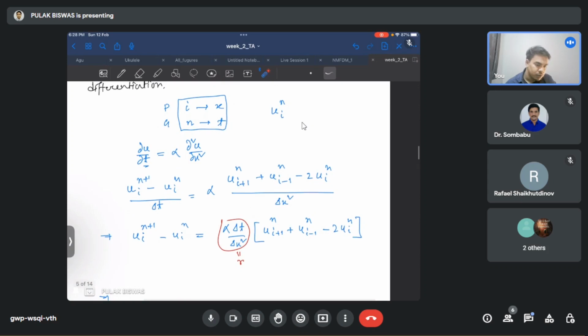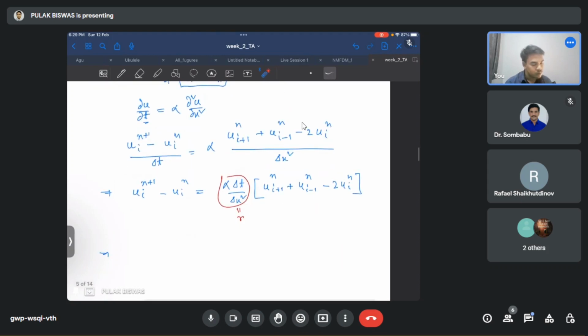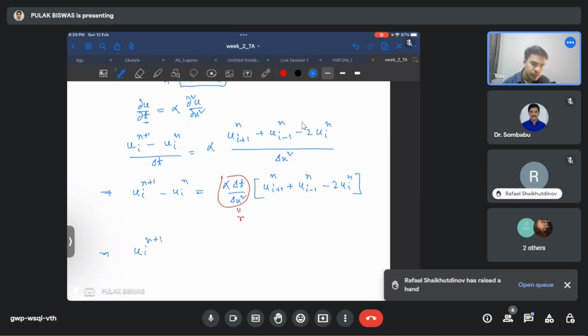If I use this one, forward for this one and central for this one, then what is happening? Ask whatever question you have.